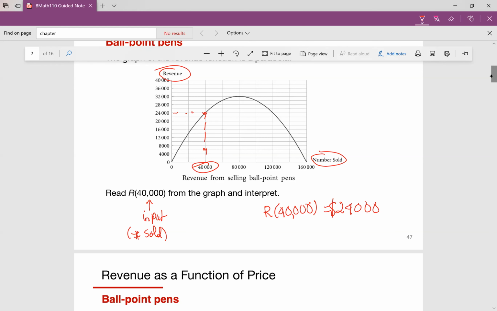Maybe I would like to talk more about the maximum revenues of this graph. You can see that at this point is the maximum revenues. So in order to get this maximum revenue, you need to have the number sold at 80,000.